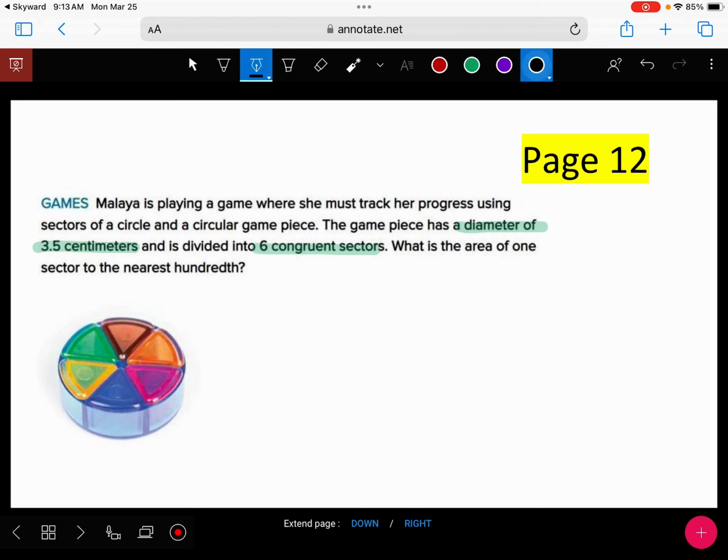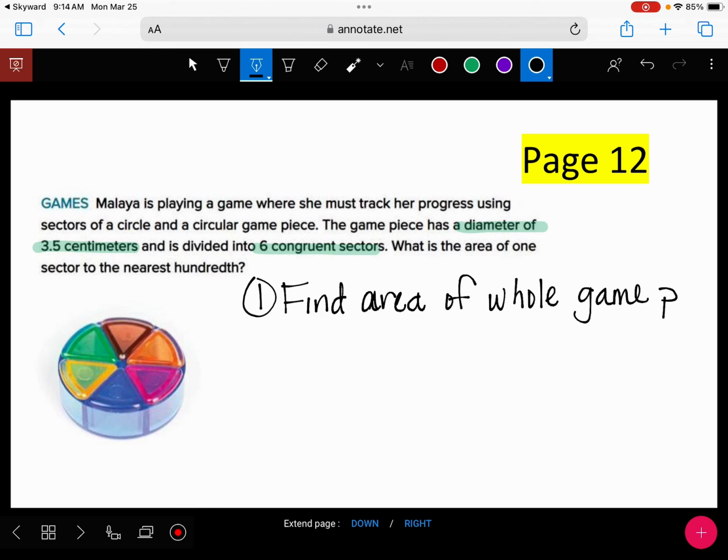So the first thing we need to do, step number 1, would be to find the area of the whole circle, of the whole game piece. That's our first step.